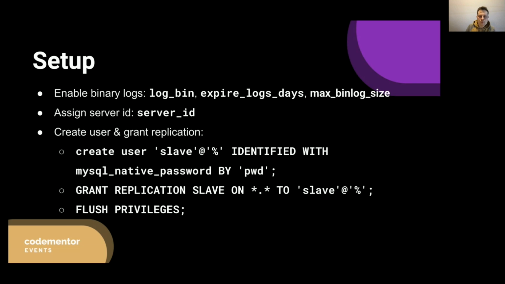Expire log days and max bin log size will prevent my master host from removing bin logs too fast. Set some value. Then you should set up server ID. Server ID is really important to set up, and it should be different on different hosts. So please be careful. Don't reuse server ID.